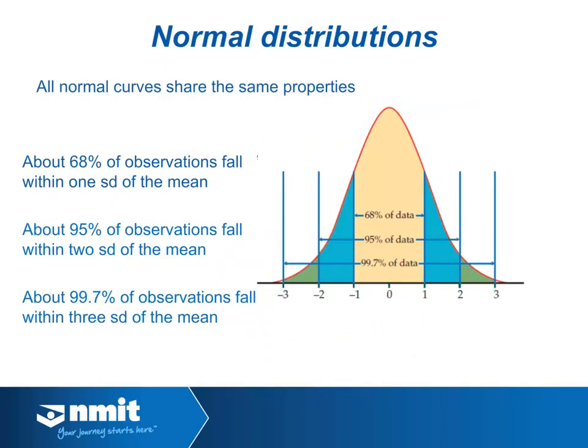Here's the kicker with normal distributions. They have this fantastic property. 68% of all observations will be found 1 standard deviation either side of the mean.